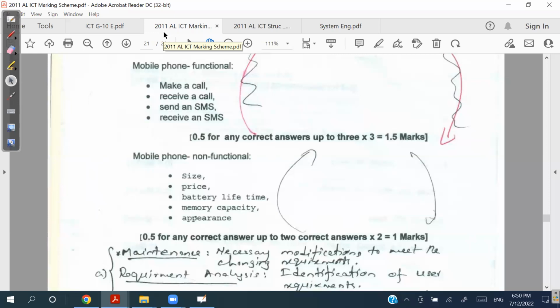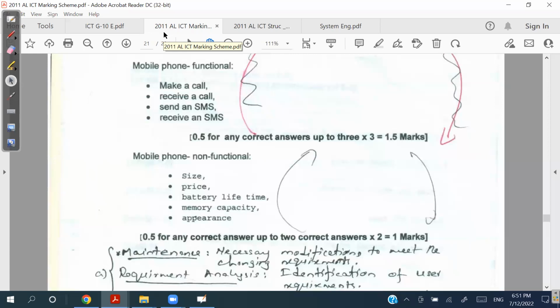Battery lifetime, it's better you say in terms of time: the battery shall be able to last 12 hours, or the battery shall be able to last 24 hours, likewise. Memory capacity shall be extendable up to 4 GB, likewise.